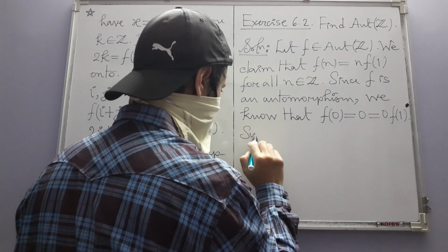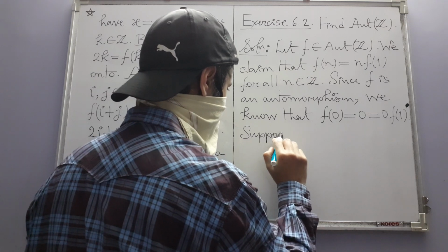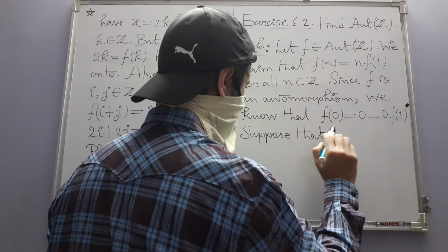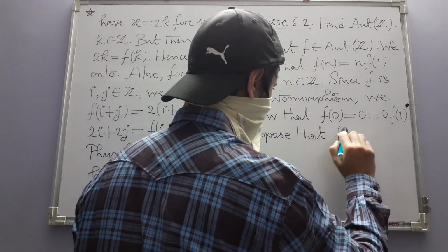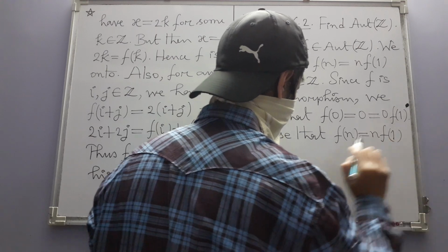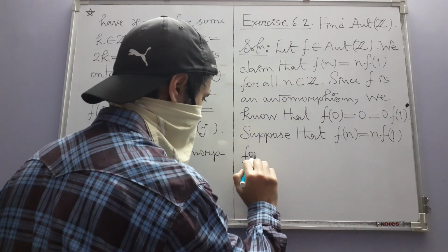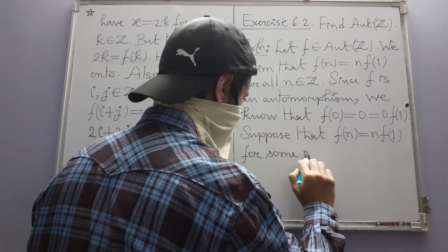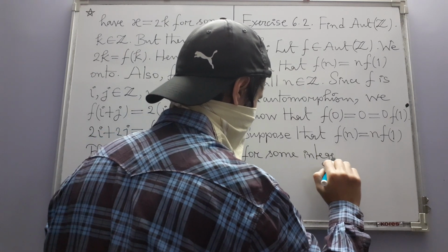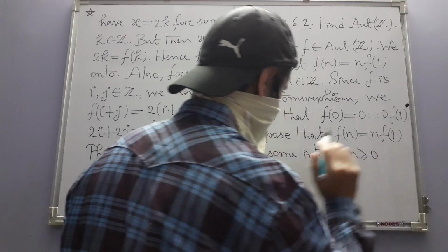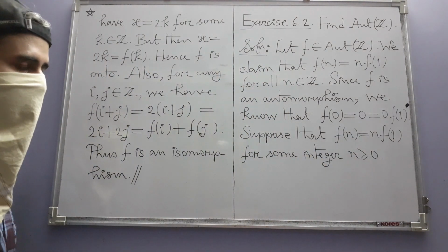Now suppose that f of n is equal to n times f of 1 for some integer n greater than or equal to 0.